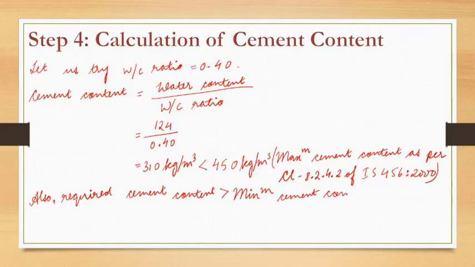What minimum cement content did we get? Minimum cement content we got is 290 kg per meter cube. So both these conditions are satisfied, that is it should be less than the maximum cement content and it should be greater than the minimum cement content. So both these conditions are satisfied, hence okay.